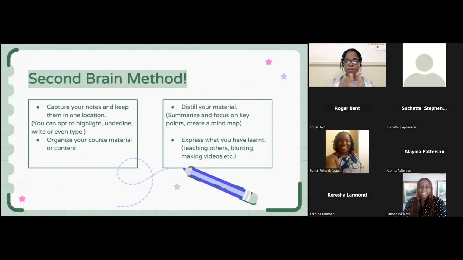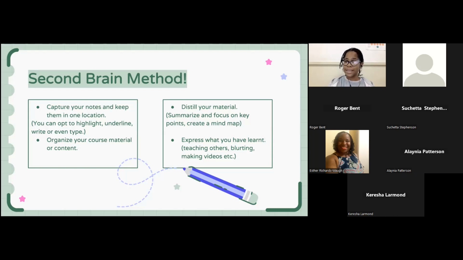After you do that, you'll organize your course material. So what is your written notes versus what the teacher would have posted on VLE versus what notes your friends might have captured. Every piece of content needs to be organized. After you organize your content, you're going to distill your material. Distilling, as you know, is a filtering process.